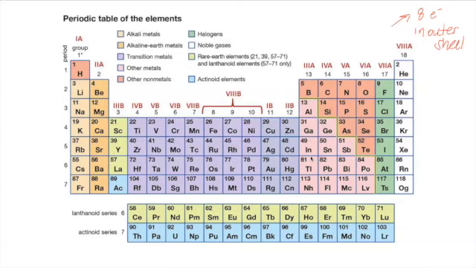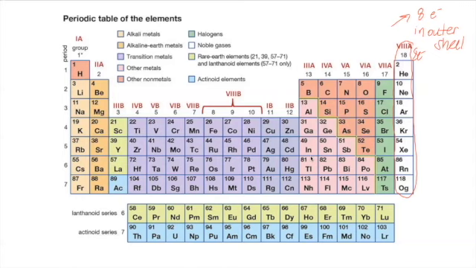Sometimes, though, they don't have 8. In the case of the noble gases, they do have 8 in their outer shell, but all the other elements don't, and so they commonly have to form bonds with other elements to get 8.